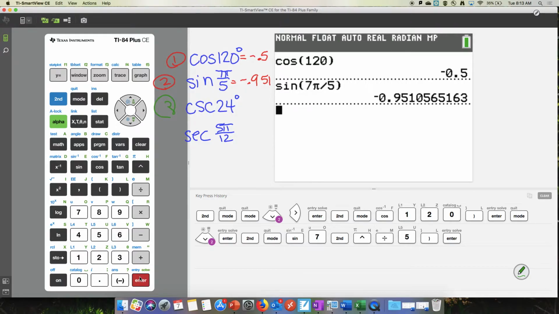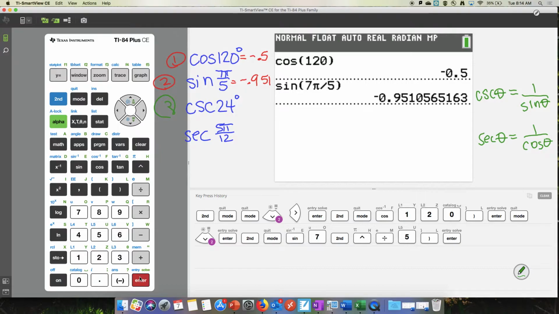What do we know about the cosecant ratio? The cosecant of an angle is the flip of sine. The secant ratio is the flip of cosine. The C and the S go together.